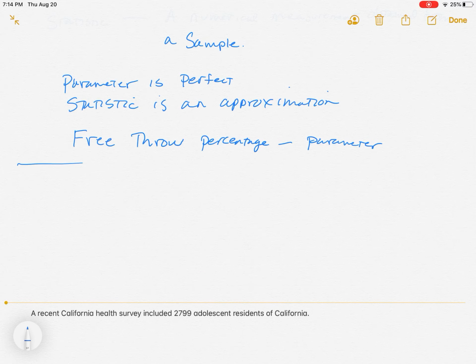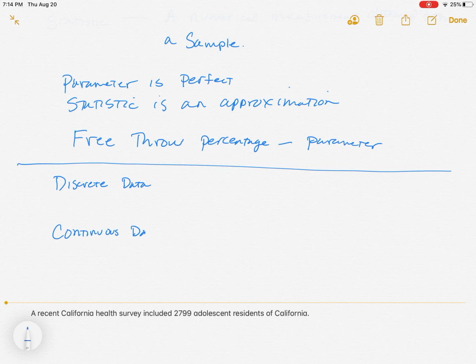The last set of definitions is discrete data versus continuous data. And again, there's definitions in the book that you can read for other reinforcement. If I were to tell you what discrete data is, this is finite or countable data.